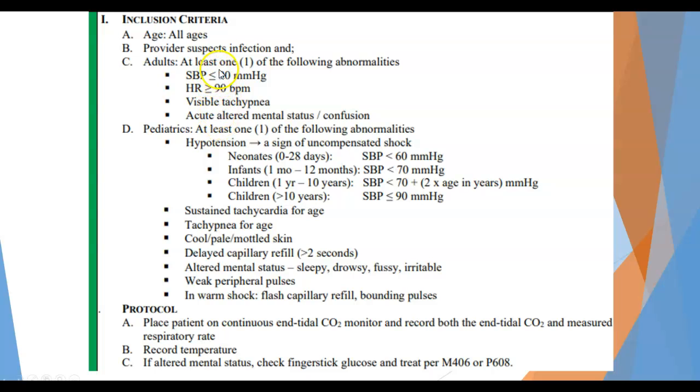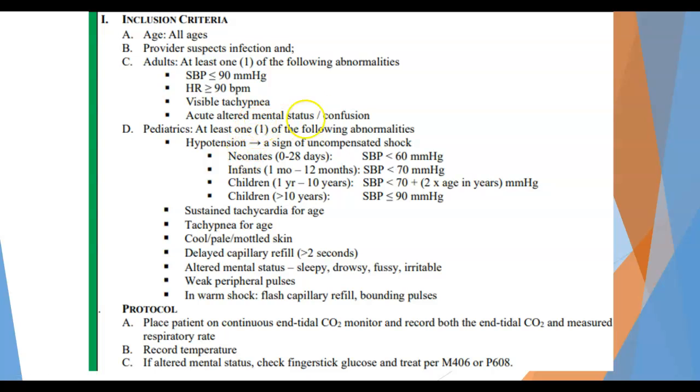Blood pressure is low. Heart rate is high. Now 90 is not really high for what we typically consider tachycardia, but for this patient with all the other signs and symptoms that they may be displaying, that is relatively high. Visible tachypnea, they're breathing fast. Altered mental status is always bad.